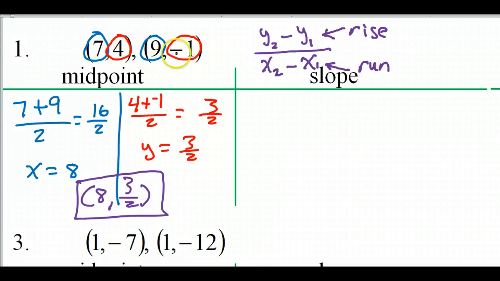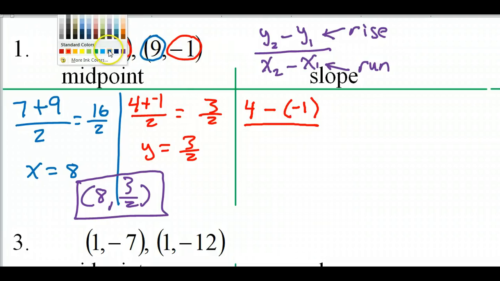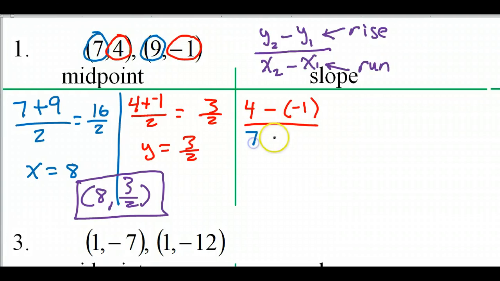So I'm going to do 4 minus negative 1. Maybe just once I'm going to show the step. I'm doing y minus y, so 4 minus negative 1. Okay, that's y minus y. Now I'm going to do x minus x, so that's 7 minus 9.